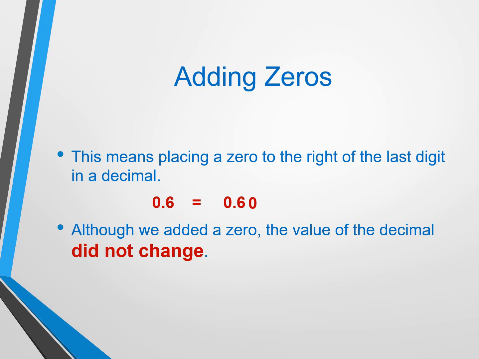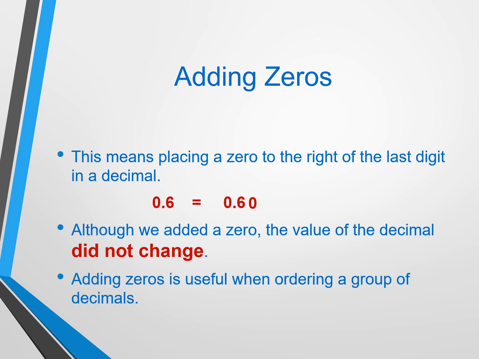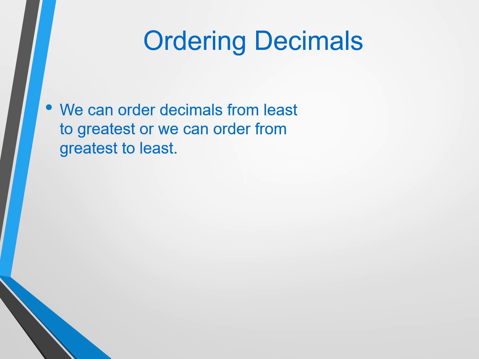Even if we add 0 at the right, the value of the decimal does not change. Adding 0 is useful when ordering a group of decimals. So let's proceed to ordering decimals. We can order decimals from least to greatest, or from greatest to least. So we have two ways of ordering.